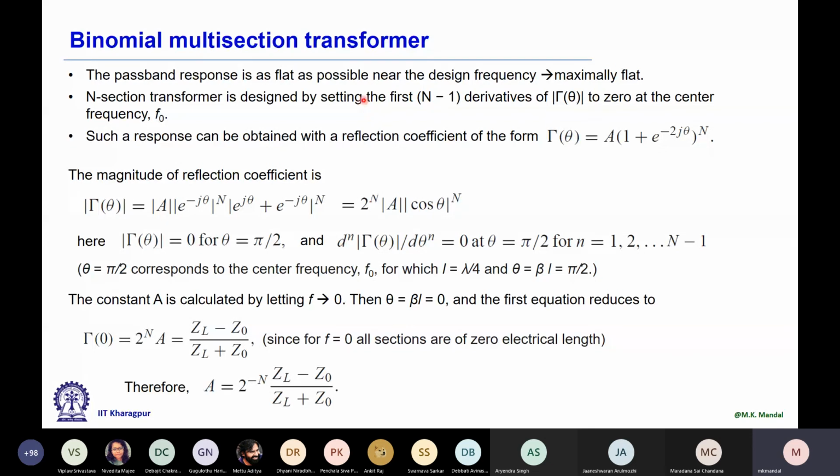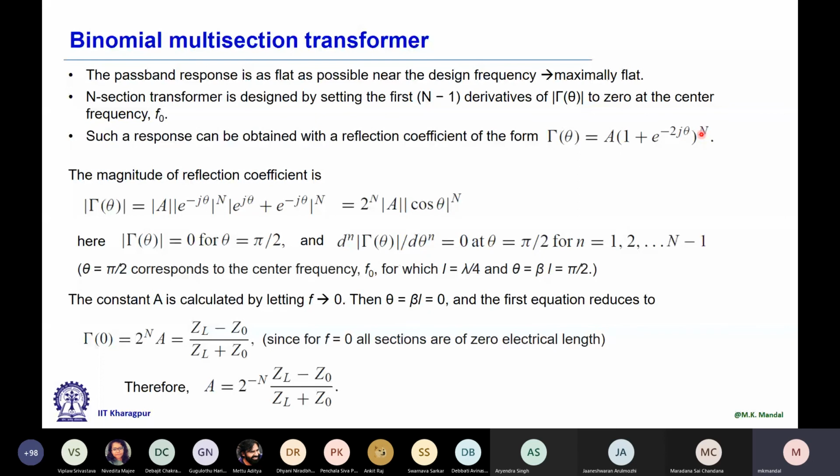Well, this assumption, whatever we made in these first two points, can be achieved if gamma theta takes the form represented by this relationship, where A is a constant and theta represents the length of any given section. We are considering each section of equal width. Well, now we see what the magnitude of gamma theta is. So how do we calculate the magnitude of gamma theta, the magnitude of the right hand side part?